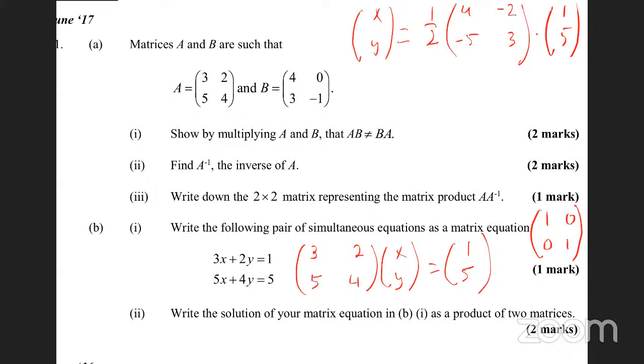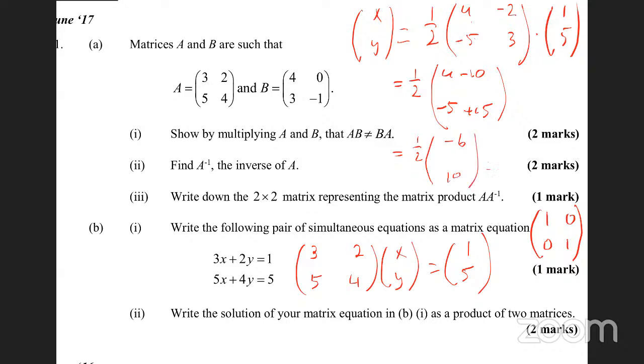Let's see what you got. So you're multiplying a half by 4 by 1 is 4, minus 2 by 5 is minus 10. Minus 5 by 1 is minus 5, 3 by 5 is 15. So it's a half of minus 6, 10.